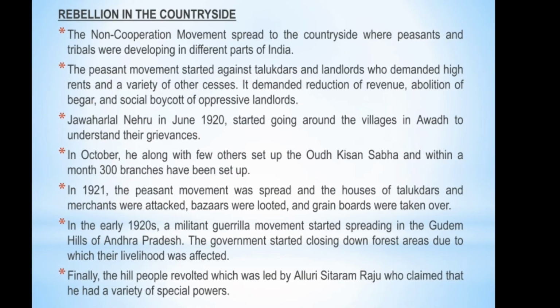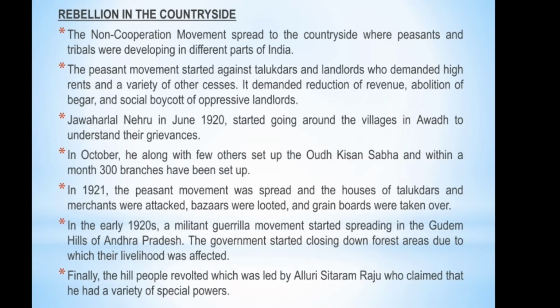Rebellion in the countryside. In the countryside, there are two major leaders who played a dominant role in spreading the non-cooperation movement. The non-cooperation movement spread to the countryside, where peasants and tribals were rebelling in different parts of India. The peasant movement started against talukdars and landlords. So first you need to write about Baba Ramchandra.